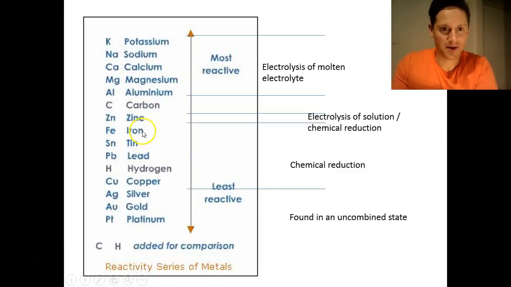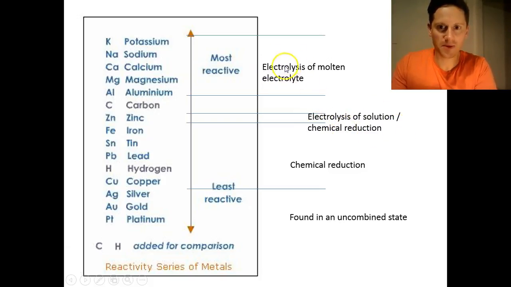These ones here, so iron down to copper, we need to perform some kind of chemical reduction in order to obtain those metals. So oxidation reduction, a redox reaction, where you want to reduce a solution containing these metals in order to get the pure metal itself. Here we need to have the electrolysis of a solution and/or chemical reduction as well.